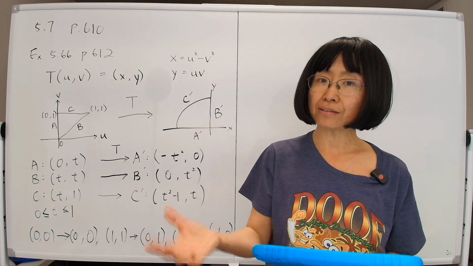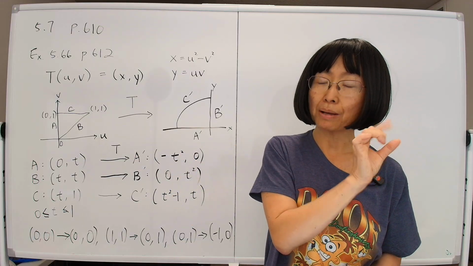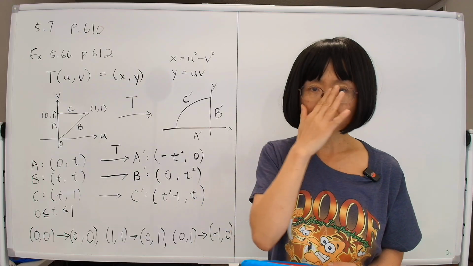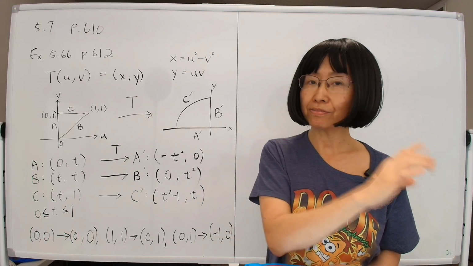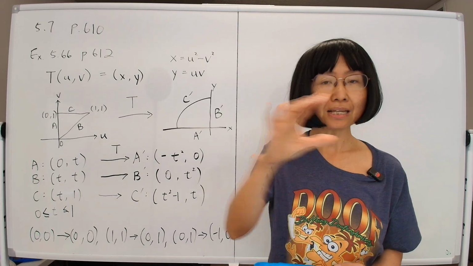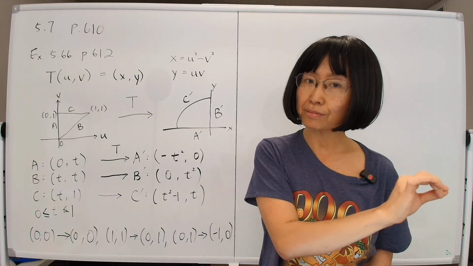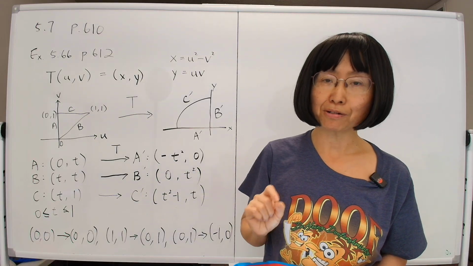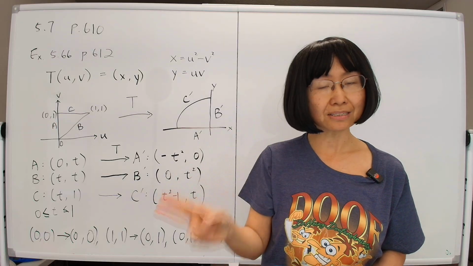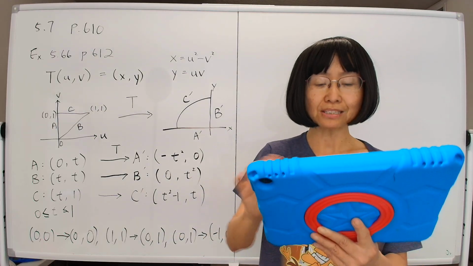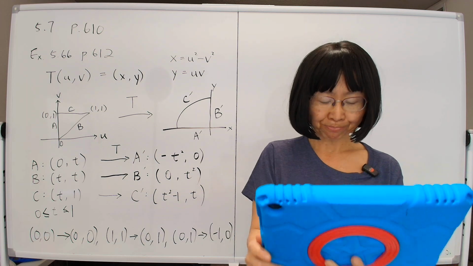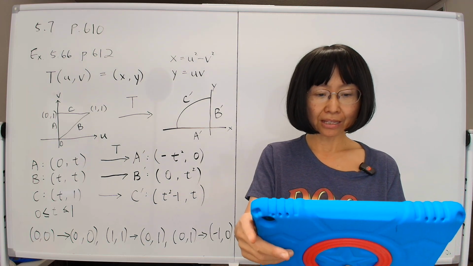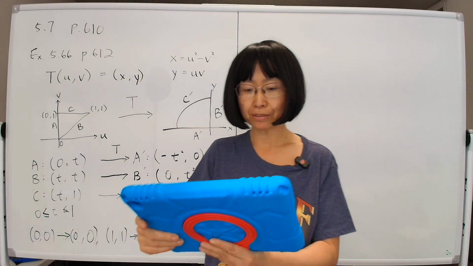If the end result is equal, then the two points have to be the same point. If you can prove that anything that lands in the same spot has to come from the same spot, then it is one-to-one. If you can show a single example where two different points land in the same point, then the transformation is not one-to-one. So please do example 5.65, and then I'm going to talk about example 5.66.